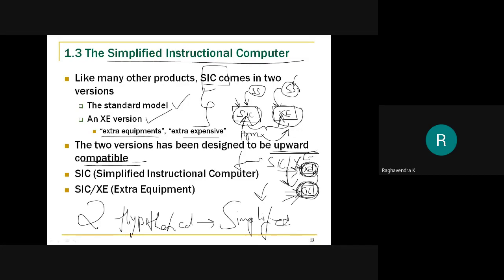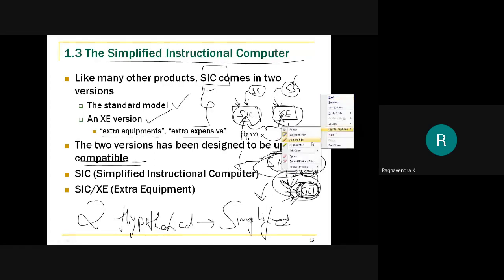You may not be able to run that program on the SIC standard model. Why? Because the features that are supported by SIC/XE are not available in SIC. So if I have written a program using these features, I will not be able to run that program. So it is not downward compatible, but it is upward compatible.